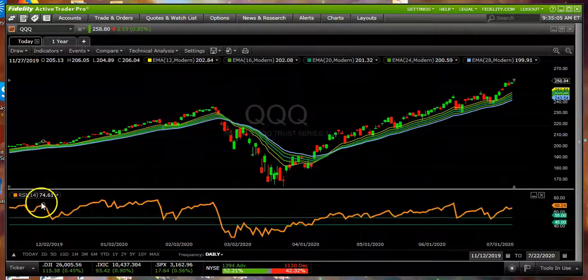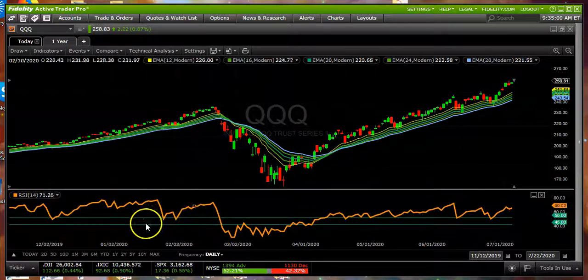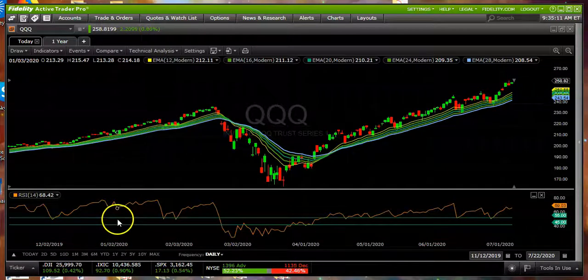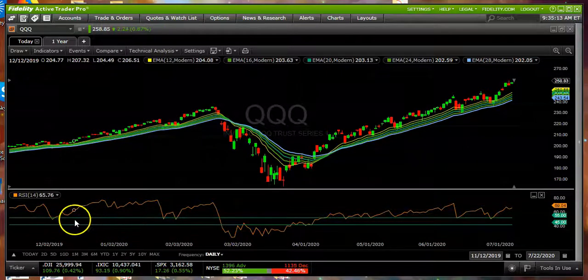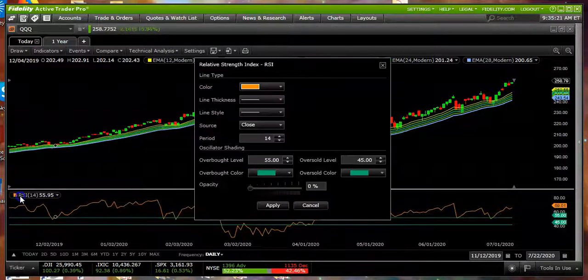Now, another indicator I use is the oscillator RSI. Notice here, I've got a 45-55 band associated with this, and when you go to a particular one of this, you find it, you left click here, and you can see you can modify it. And here I have put a 55 level overbought and a 45 level oversold with my green lines.